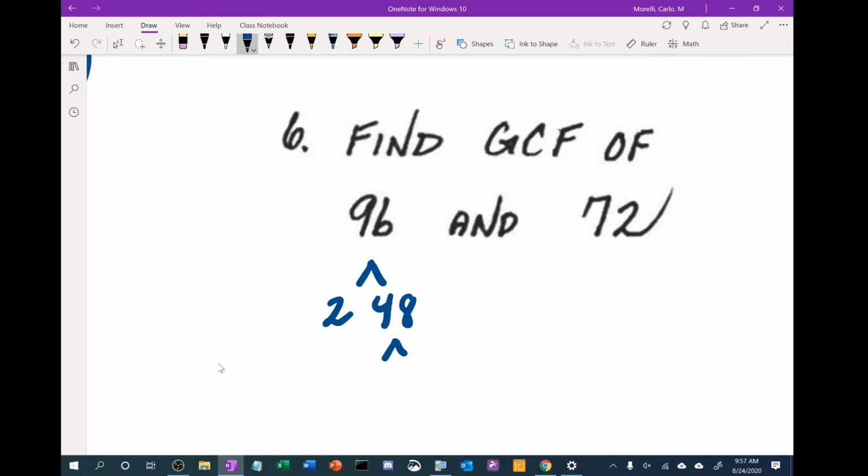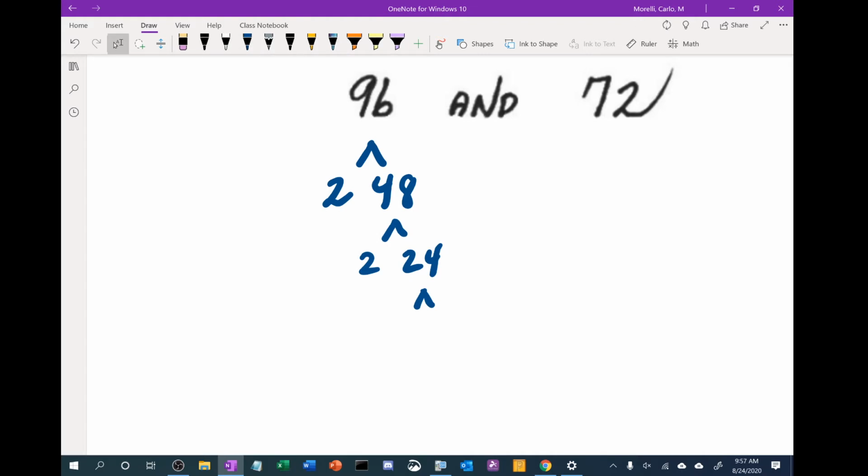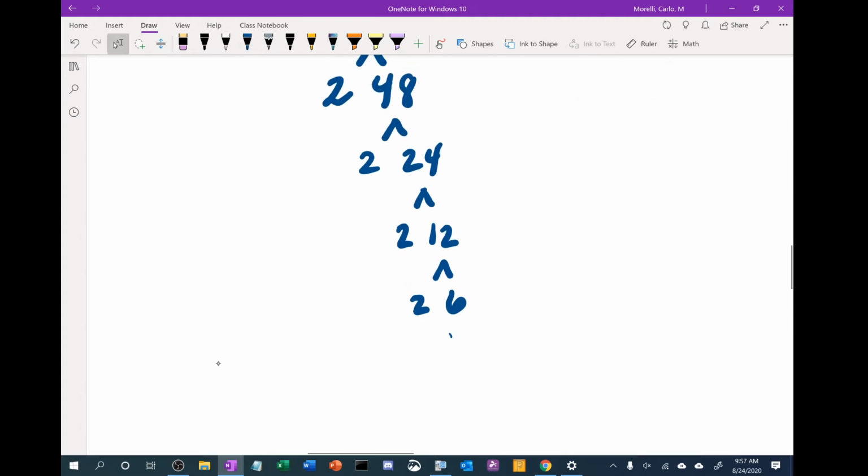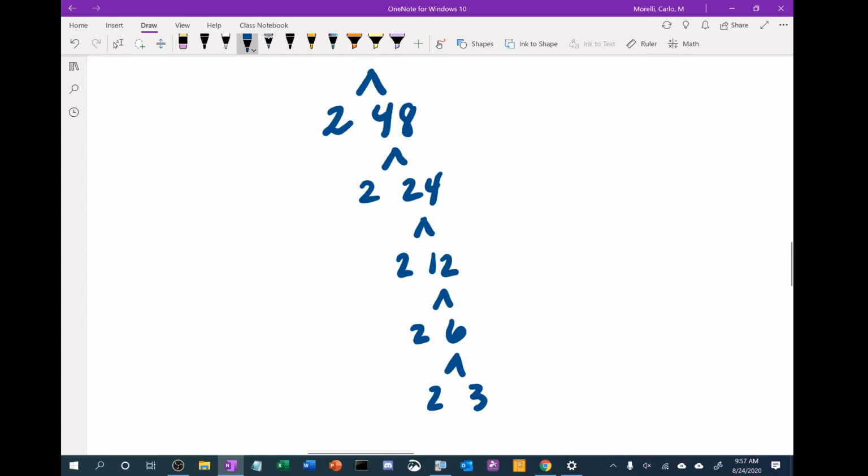Can you do 48 divided by 2 for me? 24, so 2 and 24. And then we know that if we break 24 down, it's 2 and 12, and then 2 and 6, and finally 2 and 3. Okay, and we've gotten down to primes.